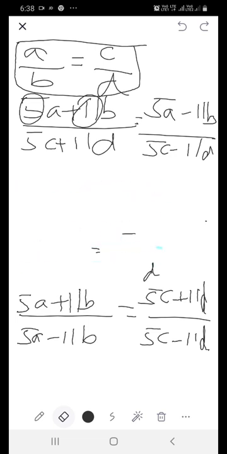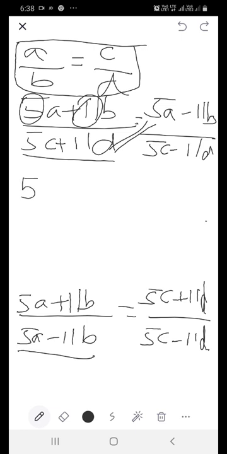Still now your proof is not done. One more step is required. Now in your proof you see 5c plus 11d is in the denominator, not 5a minus 11b. So in that case what you are going to do is bring 5a minus 11b this side and 5c plus 11d to the right by using the property alternando.